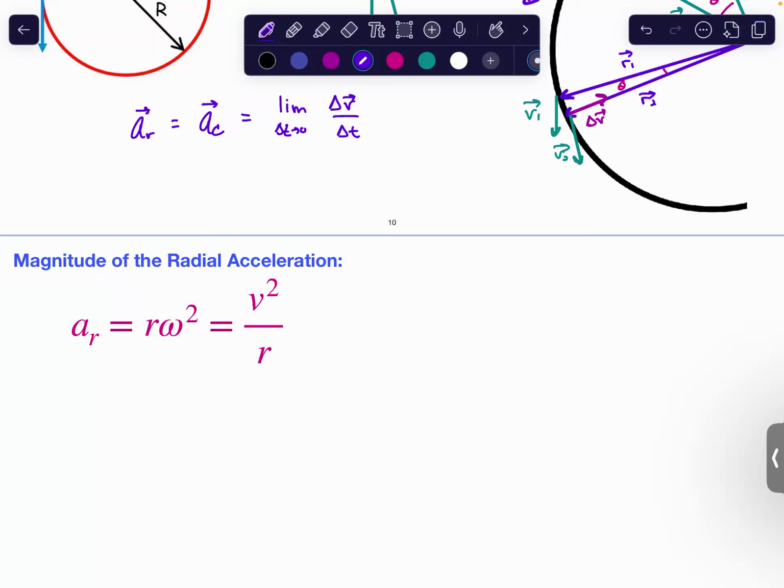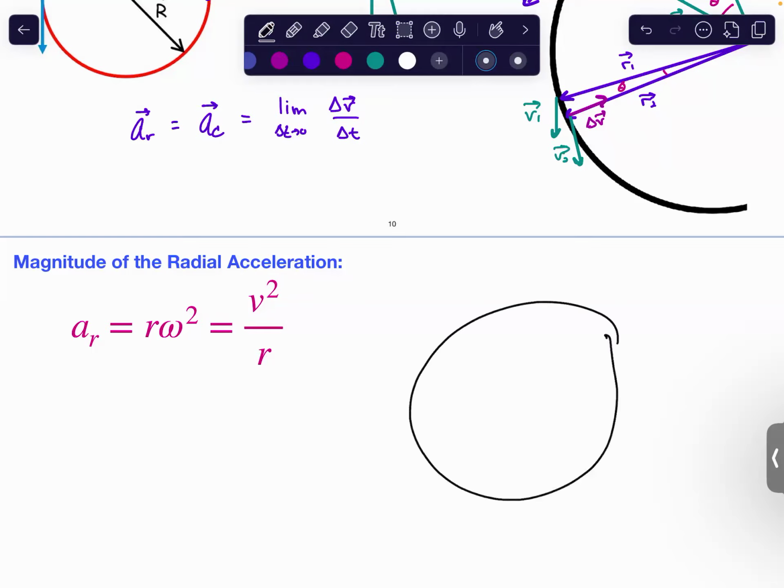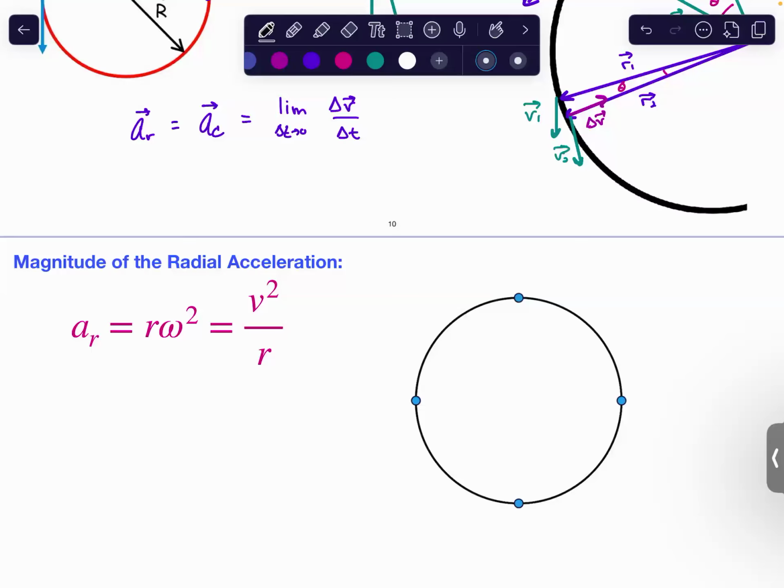So as we talked about, now let's kind of look at this. If we don't draw this whole circle, I'm going to erase part of it because I want the R. I just want an arc of that circle.